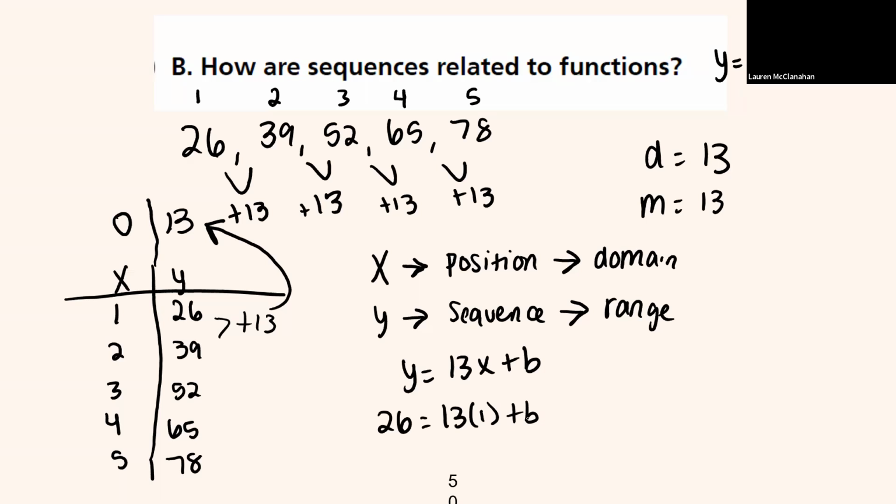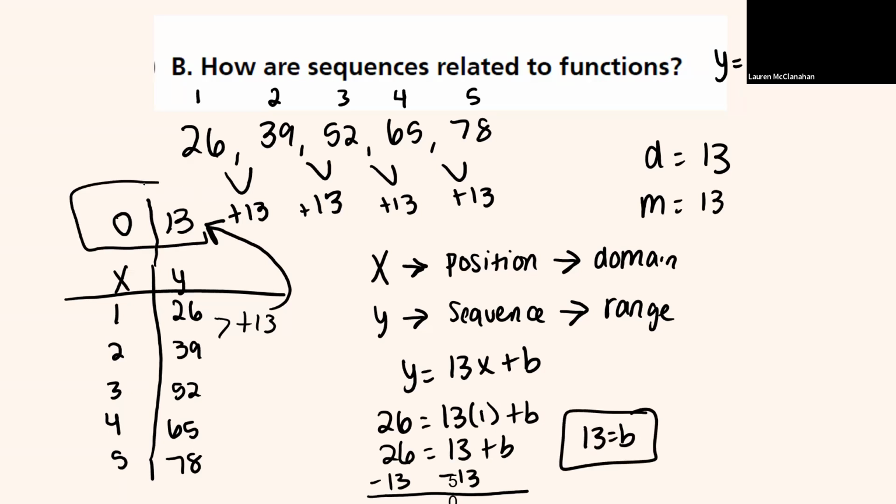Plug in an X and Y with your slope and solve for B. Well, 13 times 1 is 13. And then we subtract 13 from both sides. 26 minus 13 is 13. So 13 equals B, which is the same thing as right up here where we worked backwards. Remember, your Y-intercept, which is B, is always going to be when your X is 0.